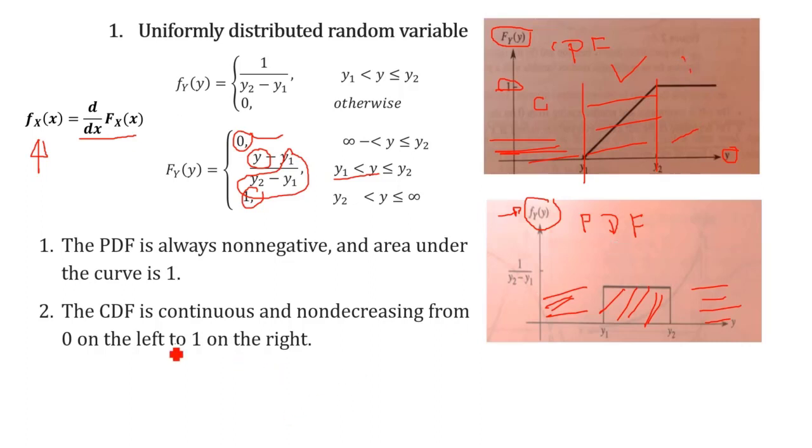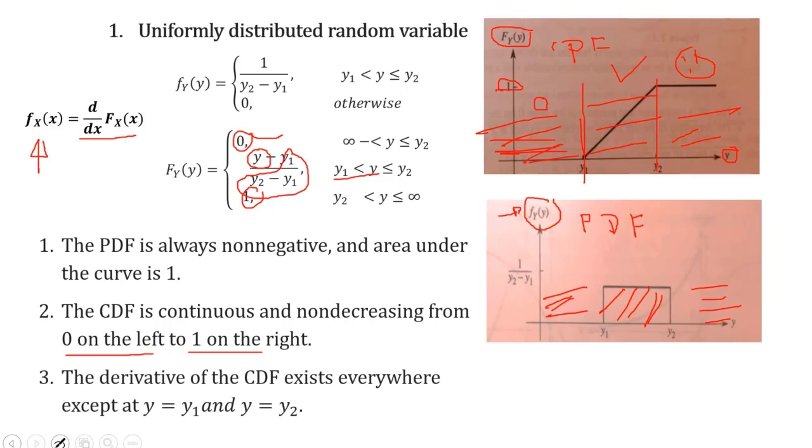Is that right? It is 0 at the left and 1 on the right. Obviously, here is the left portion and here is the right portion. It has value 0 here and value 1 here. That is said here. And the derivative of the CDF exists everywhere except at y equals y1 and y equals y2.